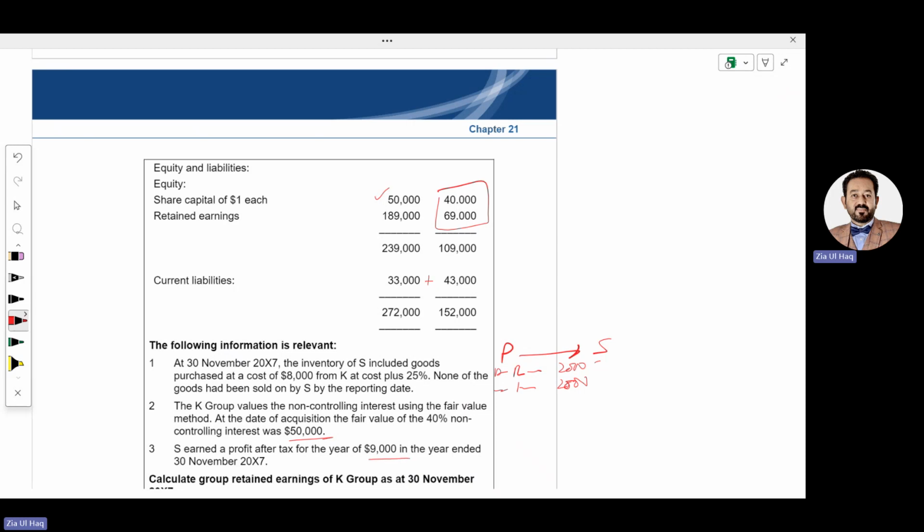This is the retained earning of S in the year ended 30th November 20x7. He said 9,000 is the profit. So if the reporting date is 69,000, then the acquisition date retained earning for the subsidiary would be 60,000.